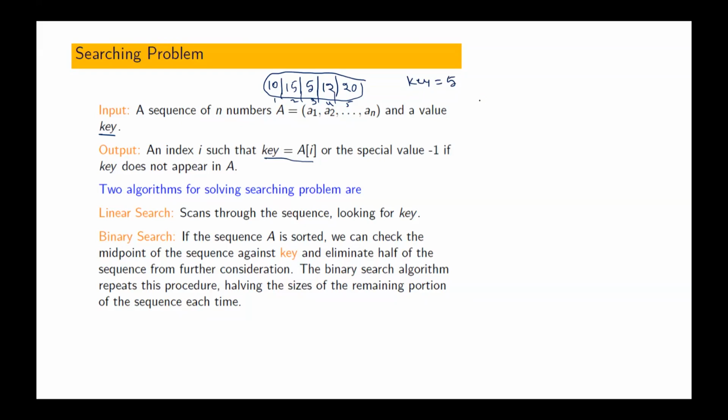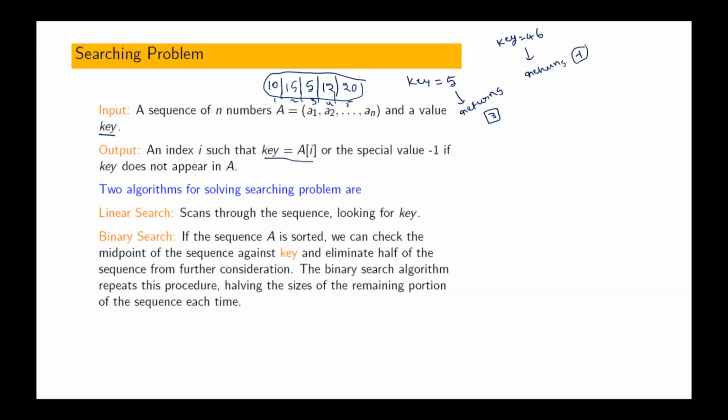Index 3. It returns 3, that is the position of that element. If it doesn't contain the key, say key equal to 46, what is the value it returns? Minus 1.